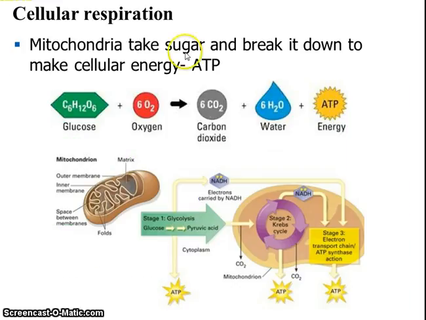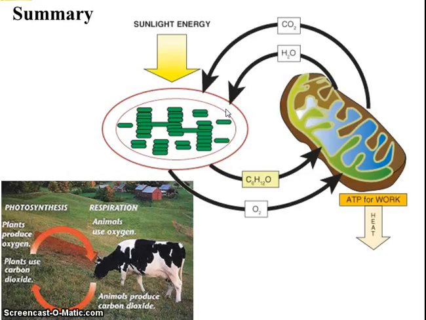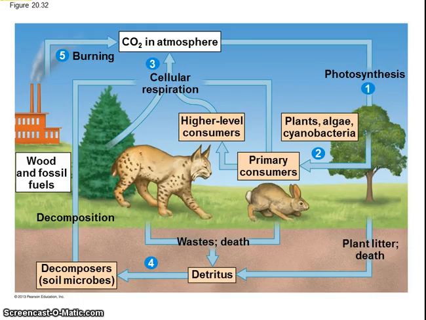And then once we've made those sugars, we use it through cellular respiration at the mitochondria to make ATP and release that carbon dioxide back into the atmosphere. So summary, plants make energy through photosynthesis, and in respiration, mitochondria break it down, and plants have mitochondria too, to make energy. So here's the big picture.